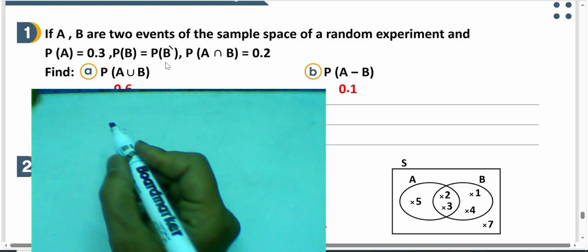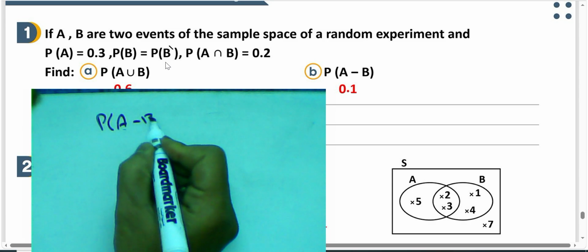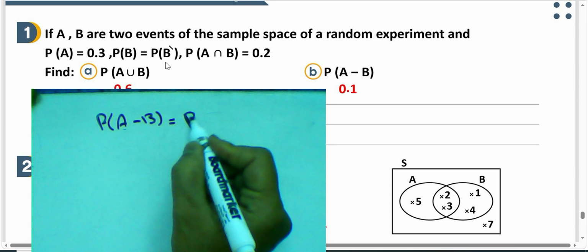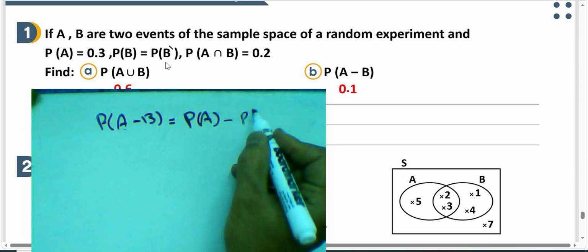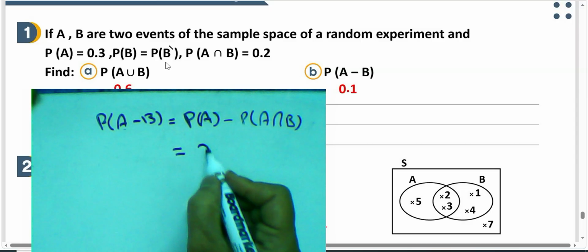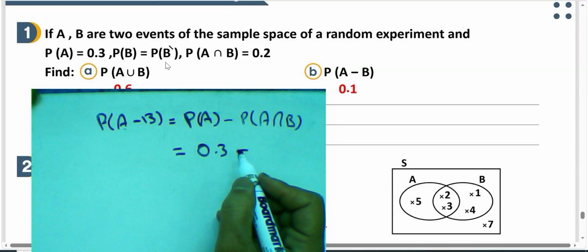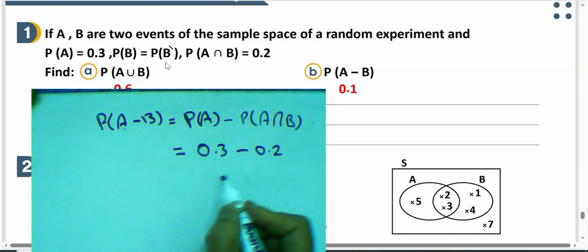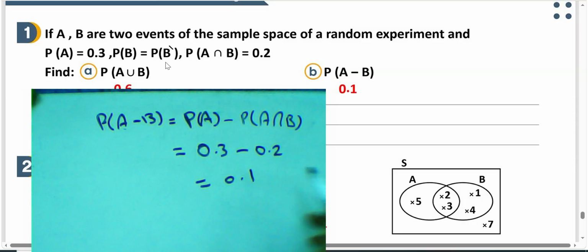And what about the probability of A minus B? A difference B, right? The probability of A subtract the probability of A intersection B. The probability of A is 0.3 and the intersection is 0.2, then the difference between them equals 0.1.